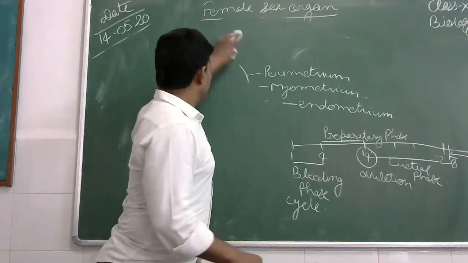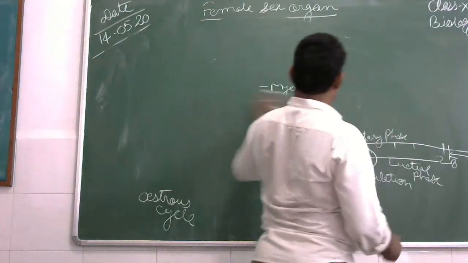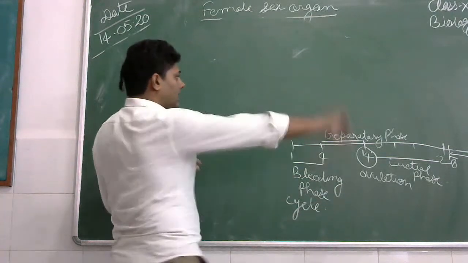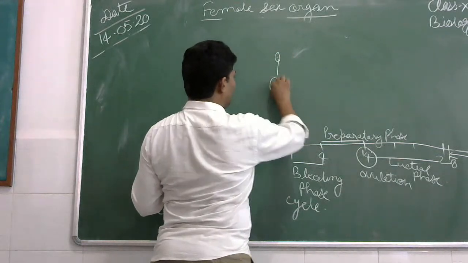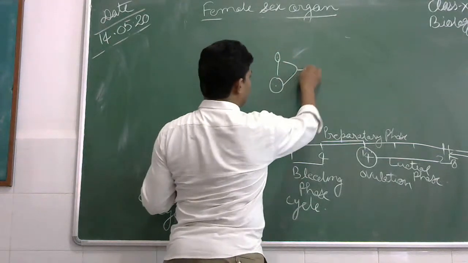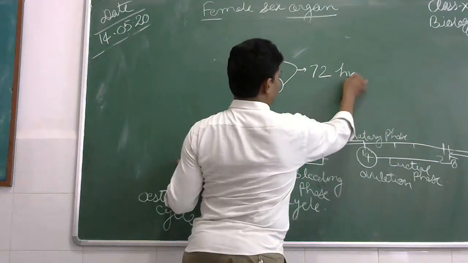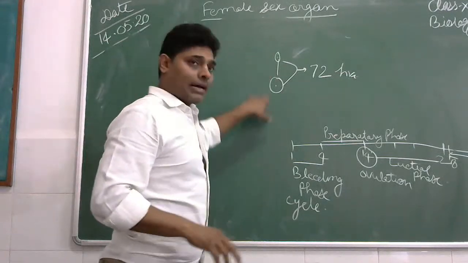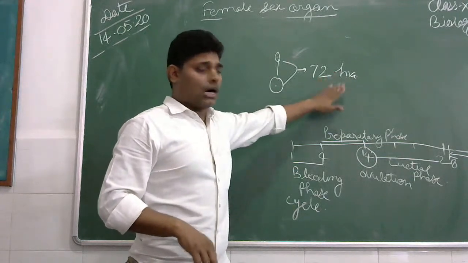Some points we have to know in that part. Sperm and ovum can both live up to 72 hours. You remember, sperm and egg both can live up to 72 hours.